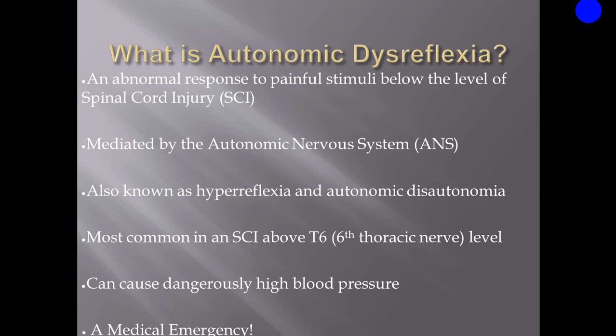Most common in a spinal cord injury above T6, which is the sixth thoracic nerve level. Also, it can cause dangerously high blood pressure, which is considered to be a dangerous sign for the patient's life. For that, it is a medical emergency.